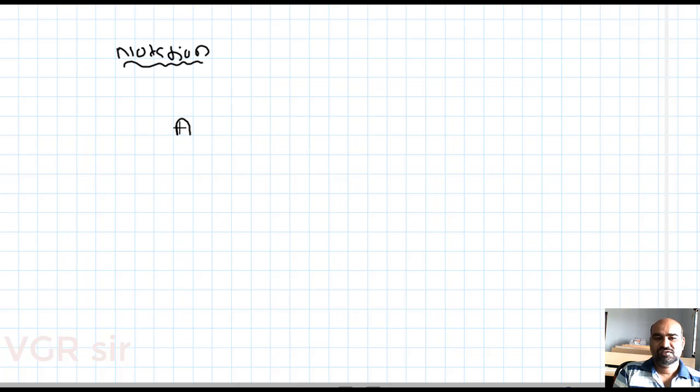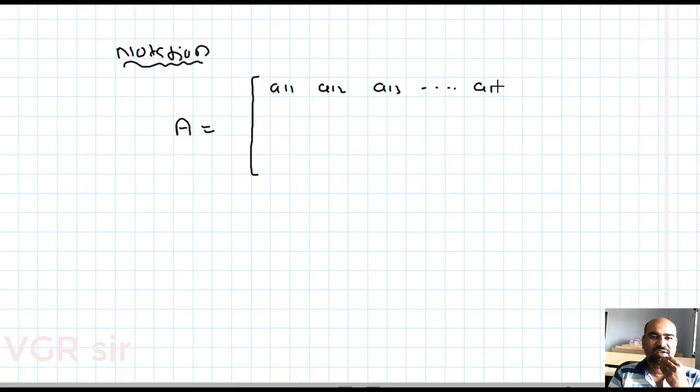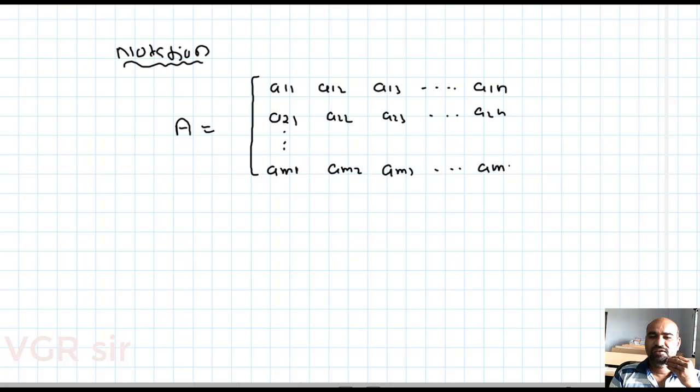Okay, students, notation. Matrix A is given: a11, a12, a13, dot dot dot, a1n, a21, a22, a23, so on, a2n, so on, am1, am2, am3, so on, amn.